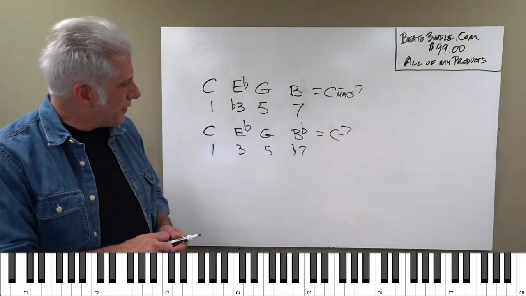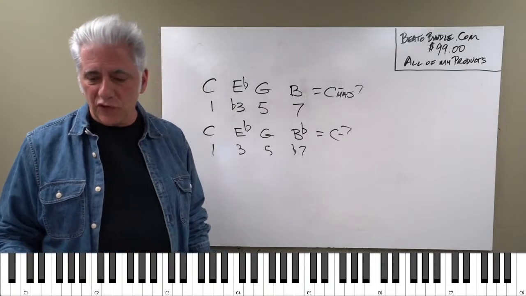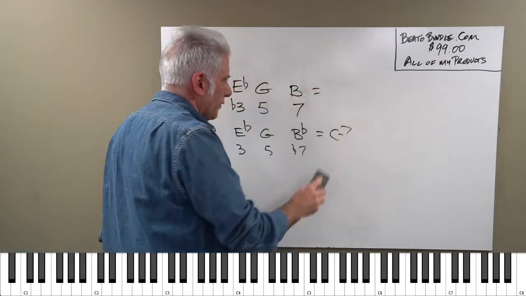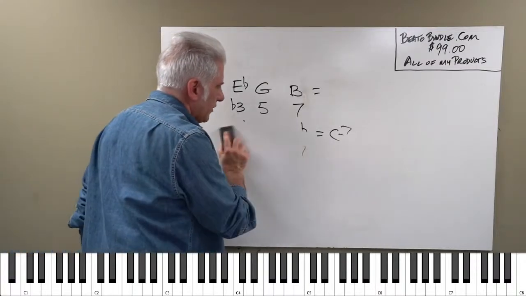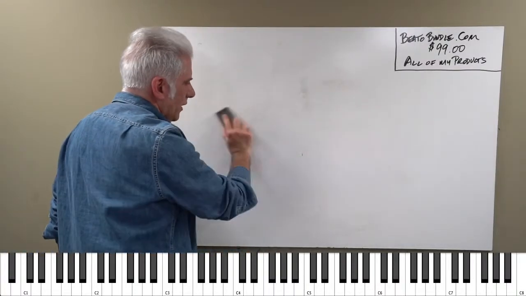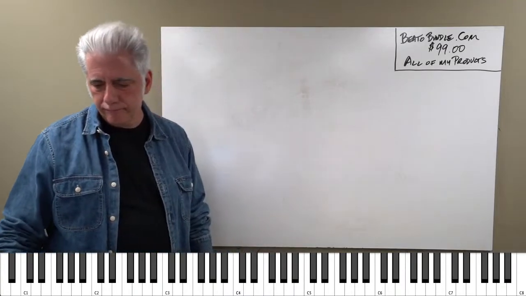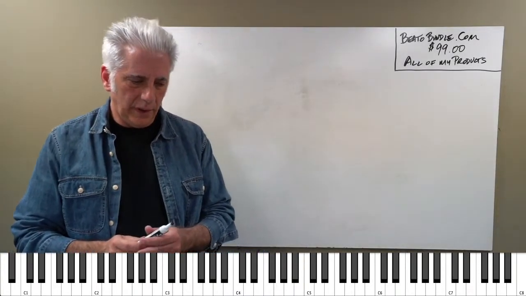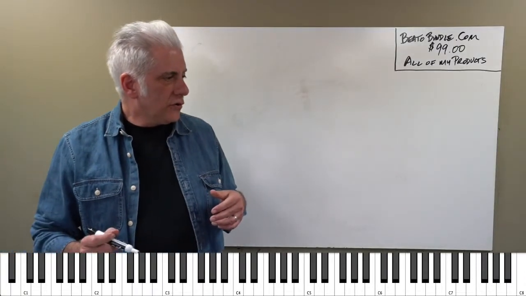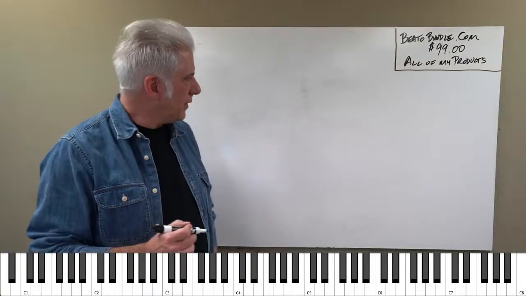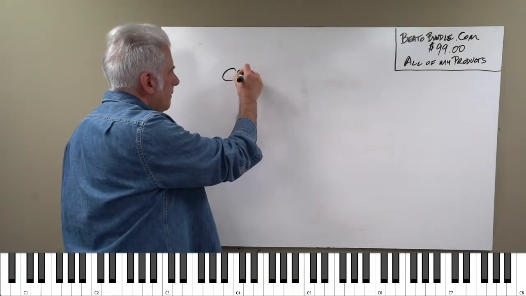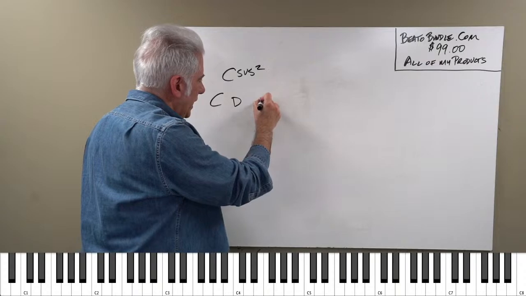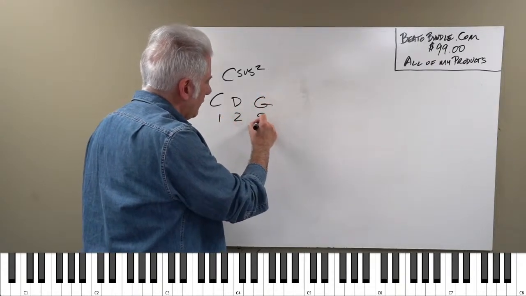There's another type of 7th chord that we can have. You can actually have suspended 7th chords, right? I'll give you an example. I taught the song Josie by Steely Dan in a video recently. And they use a lot of sus2 major 7ths. So let's say you have C sus2. That would be C, D, G, so 1, 2, 5.